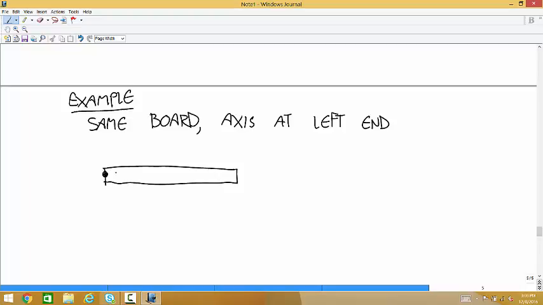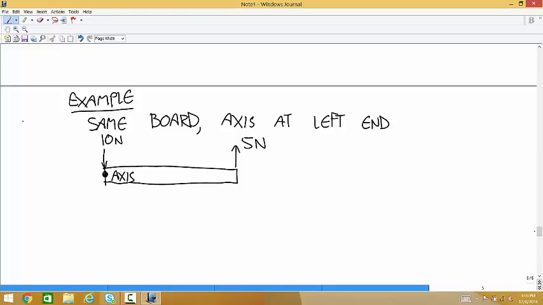So here's the axis. You have a downward force of 10 newtons. You have the weight, and then you have an upward force of 5 newtons.